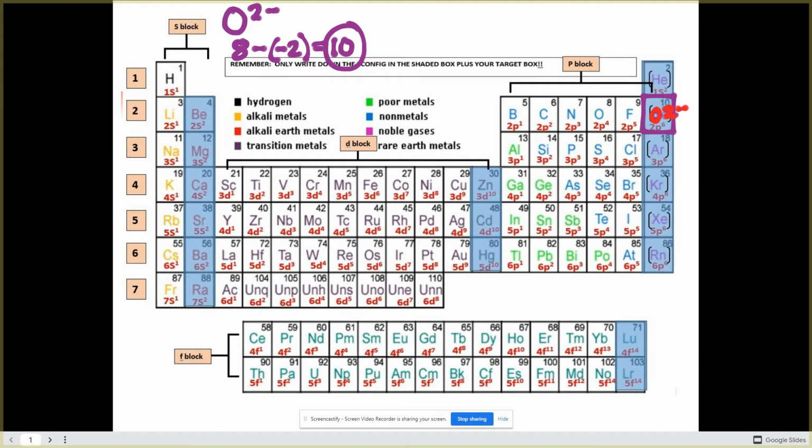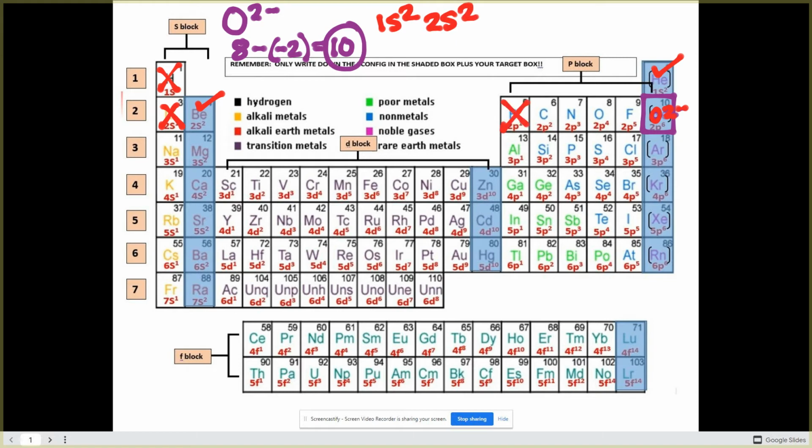You just start from the very beginning. Box number 1, do we write it down? No. Box number 2, look at it. It's shaded, so yes. So therefore, I need to write down 1s2. All right. Box number 3, no. Box number 4, it's shaded, yes. So therefore, I need to write that down. 2s2. Okay.